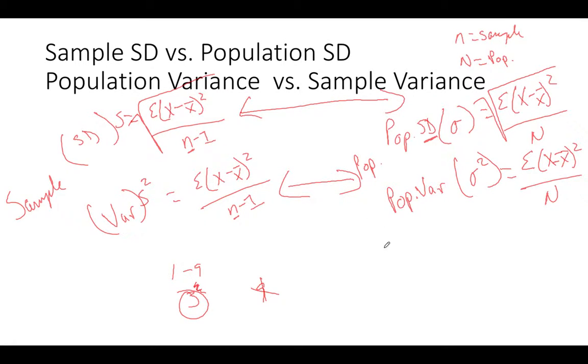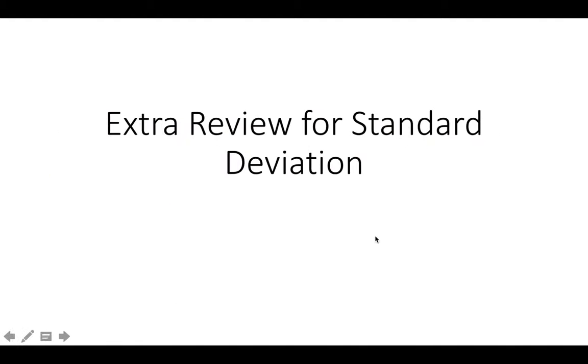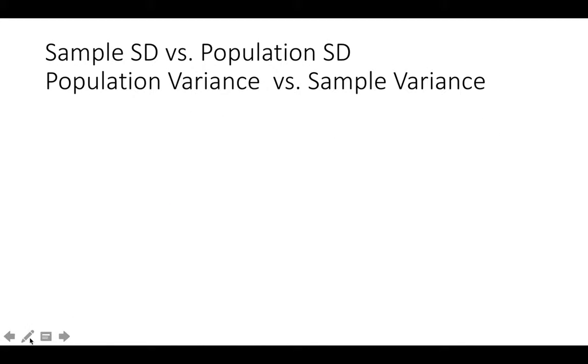So remember that the top portion of my formula, and let me go ahead and get a clean sheet there for you, the top portion of my formula is the sum of my square deviations.